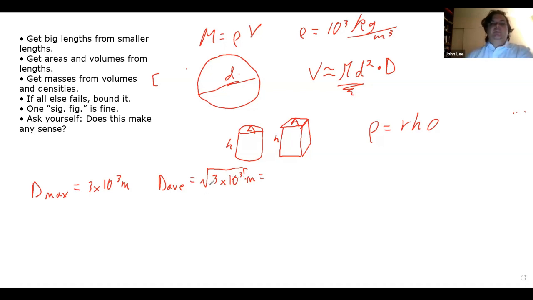So we're just assuming that the average value of the depth is about the square root of the maximum value of the depth, which is, I'm not sure where they came up with that.